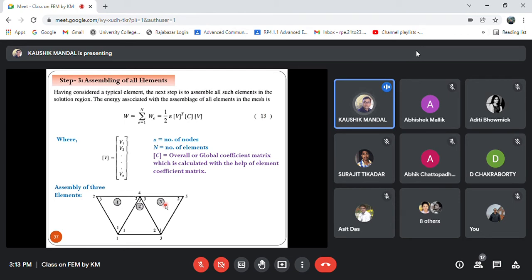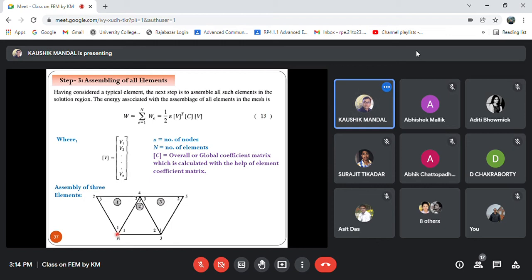Now for the simplicity of our discussion, we have considered that the entire solution region is divided into three elements, placed as per this figure. And there are total 5 nodes.